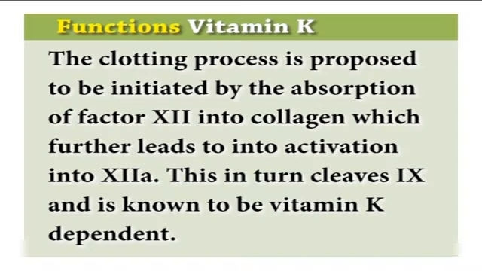The clotting process is proposed to be initiated by the absorption of factor 12 onto collagen, which further leads to activation into 12A. This in turn cleaves factor 9, which is known to be vitamin K dependent.